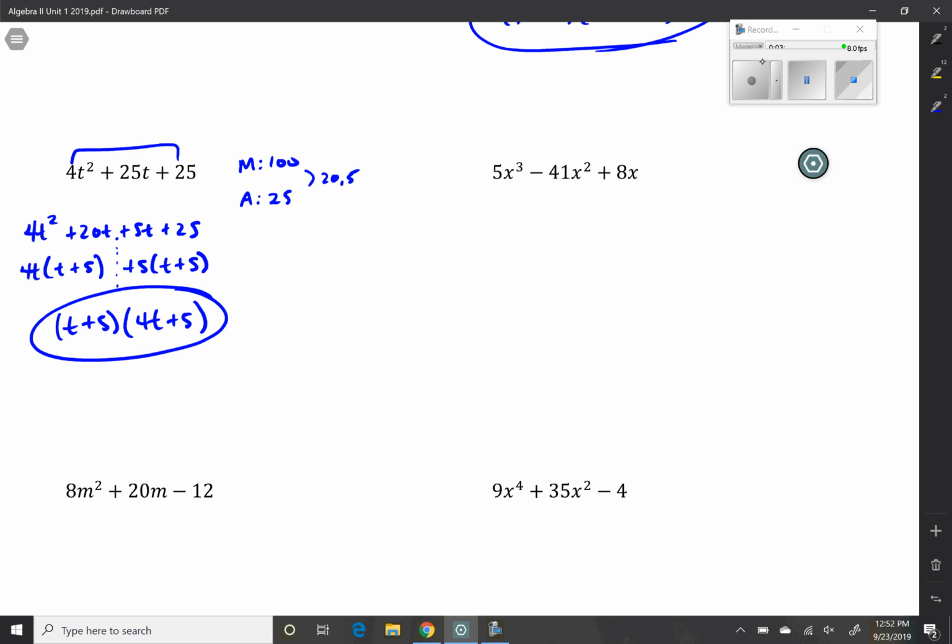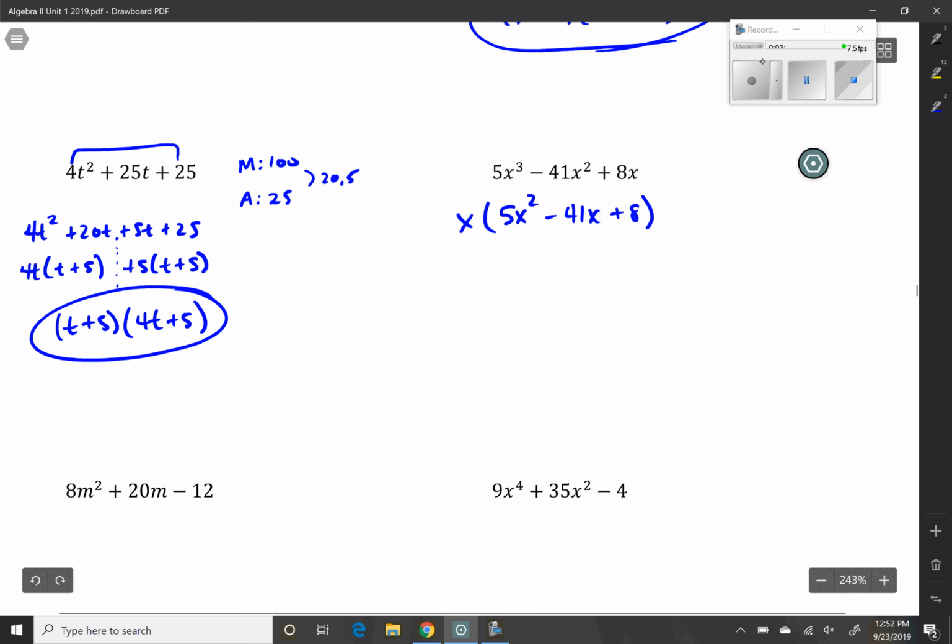For that fourth one, we see x cubed, but it's a 3-term polynomial, so we can't use difference or sum of 2 cubes, but we do notice there's a GCF. x is in all 3 of these. Then ignore that the x is there, it's just going to be in my answer. And then we're trying to figure out what multiplies to make 40 and adds to make negative 41: negative 40 and negative 1.